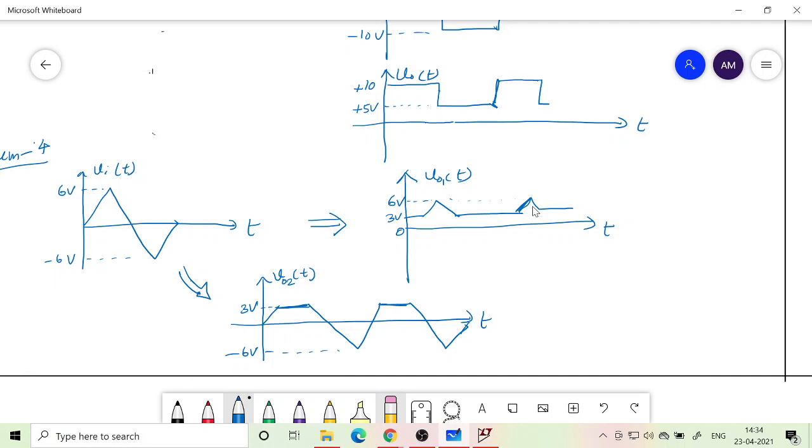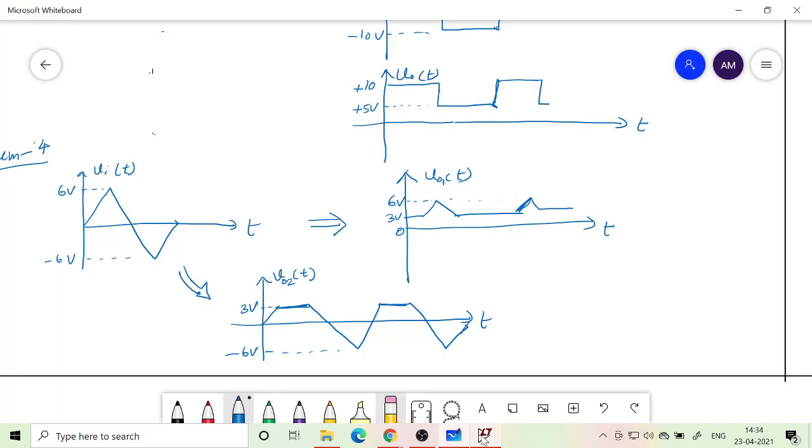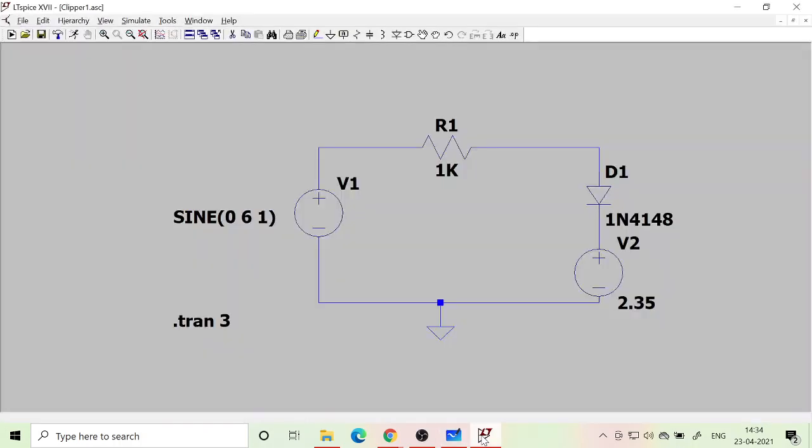Now what should be the circuit for getting this waveform? Can somebody suggest? Anybody tried this problem? So maybe we need to reverse the direction of the diode. Okay, let us try that.